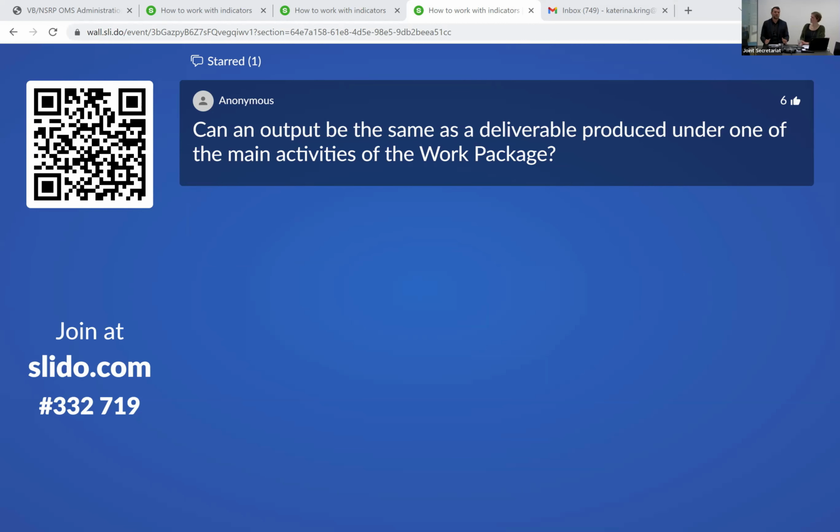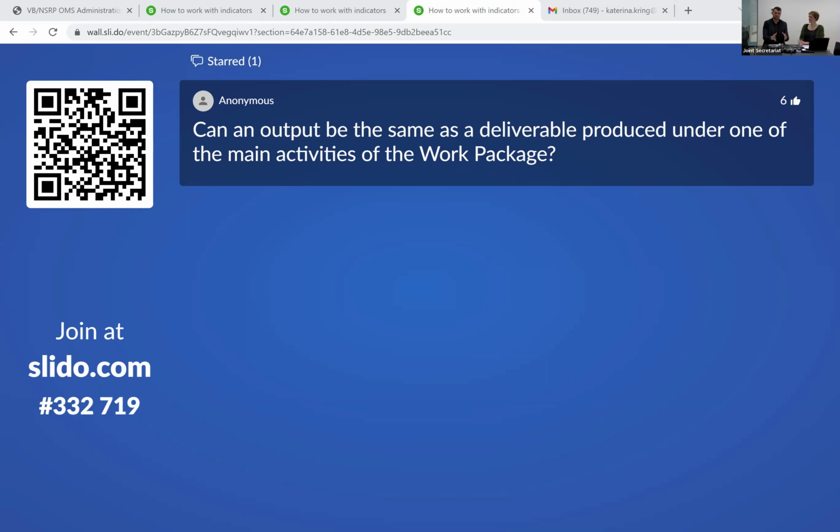I'm pretty sure that still you have other activities in the work package, like preparation of the pilot, as we just showed in the example, meetings, workshops, participating external events, communication activities tailored to this work package. As Jenny said, then you have to separate those two things.